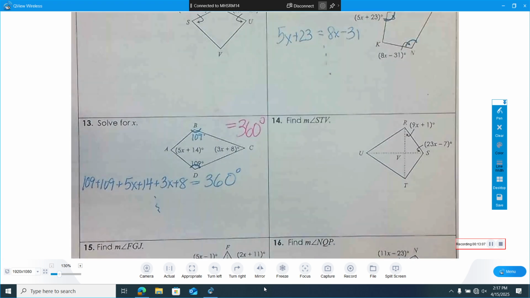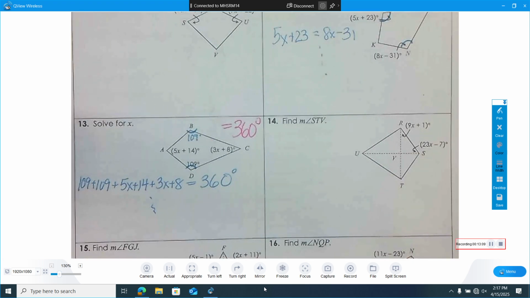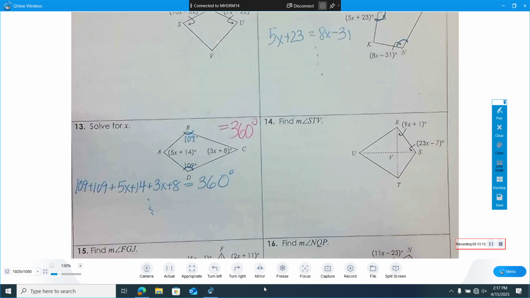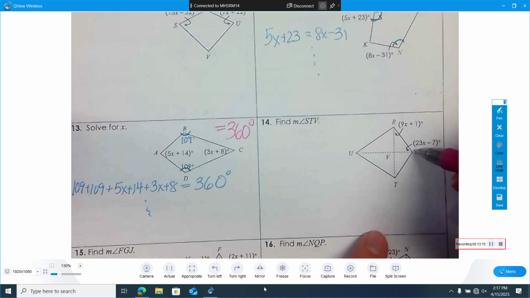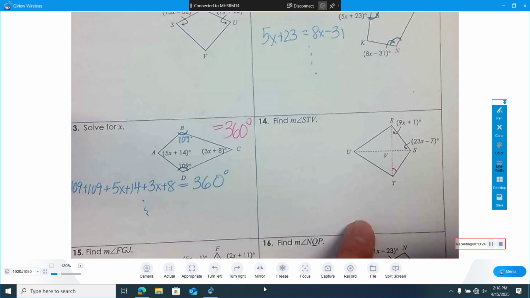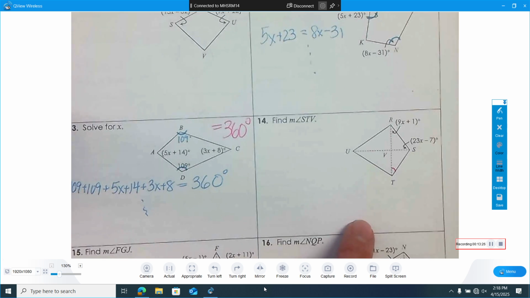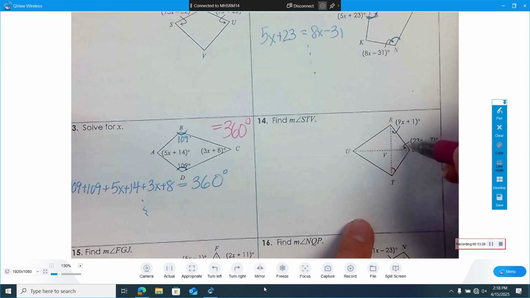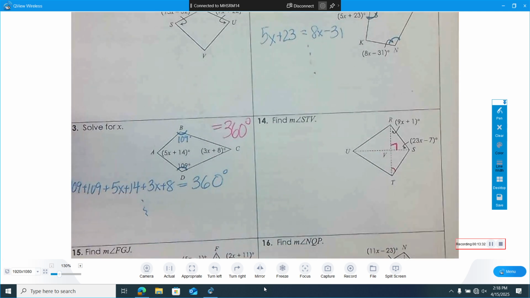We're done. I'm not going to do any more. Let's look at number 14. We want to find the measure of angle STV. Oh, that's this little guy. What are we going to do to figure out the value of x, though? 180 equals 90 plus 9x plus 1 plus 23x.